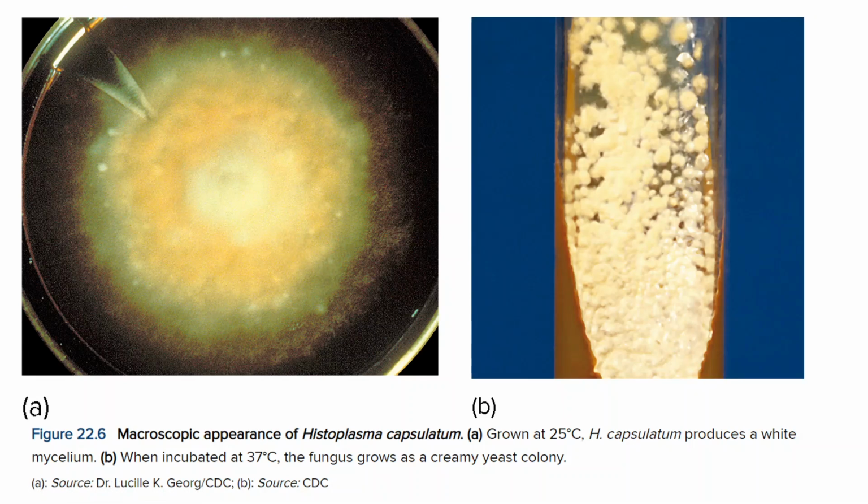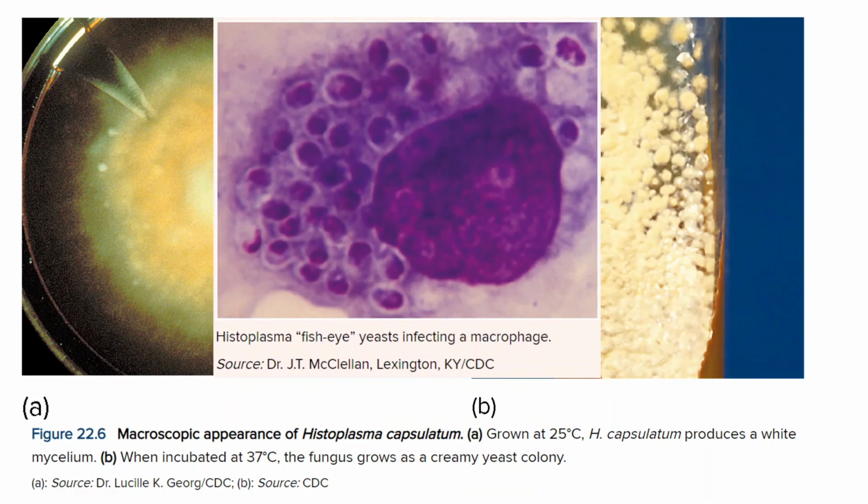And then over here, this is what it looks like when it's in the body in its yeast form. It's producing this creamy grossness right there, okay? And so 37 degrees, or human body temperature, is the changing point for that. So 98.6 is kind of what we're looking at.